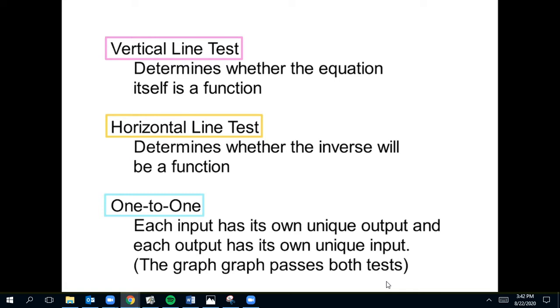And then one-to-one, the definition is each input has its own unique output, and each output has its own unique input. So let me just write those right here. That's part of each of these.